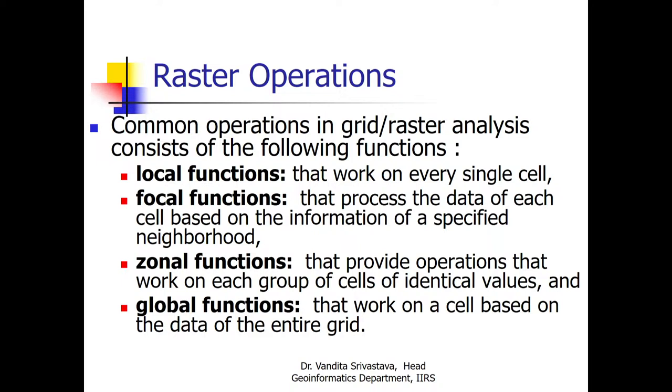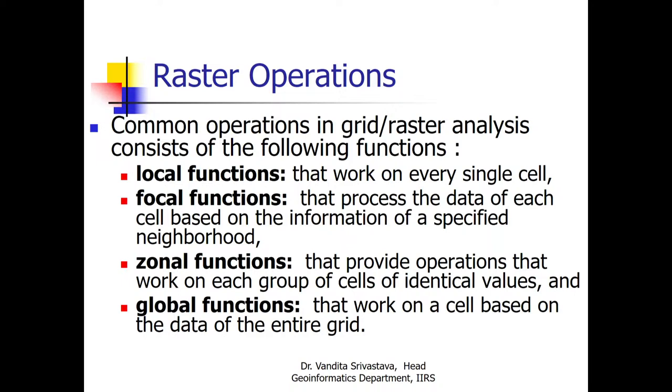It processes the data of each cell based upon this foci or window or specified neighborhood, which could be square, rectangular, or circular. So you could define the shape and the size of this kernel or neighborhood, and based upon that you will perform the operation. So the central cell value will be replaced by considering the values in this neighborhood.